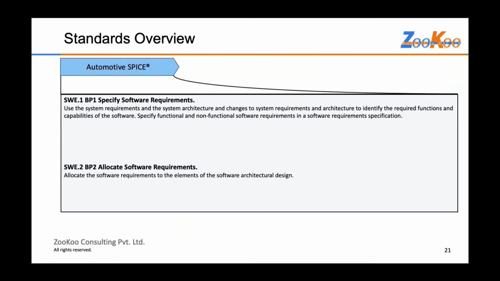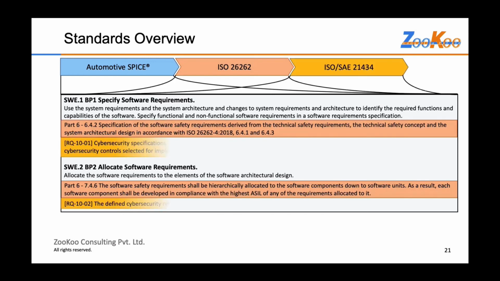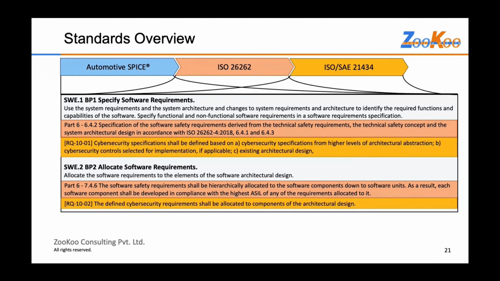I picked up specific tasks and activities from all three standards, and I don't find any change except for functional safety and cybersecurity requirements. You see here, 26262 also has requirements in similar language, and functional safety and cybersecurity also have requirements in similar language. From a process point of view, there is not much difference to take care of.